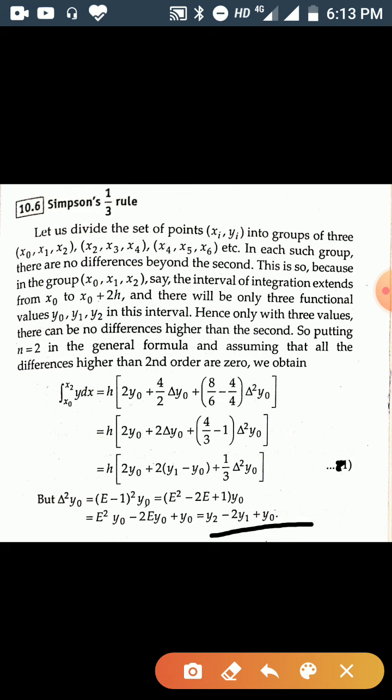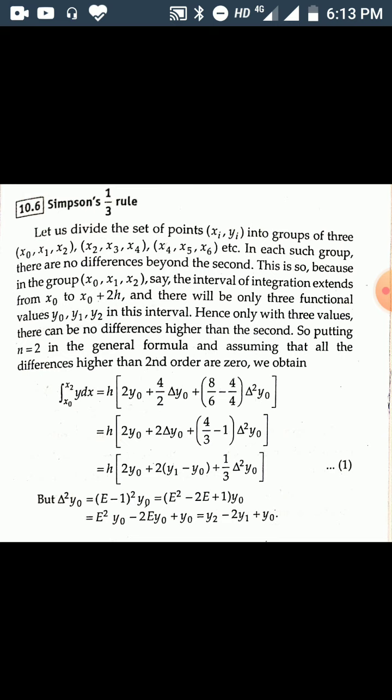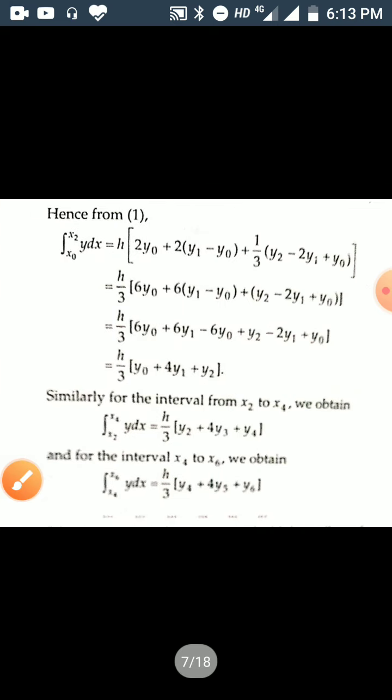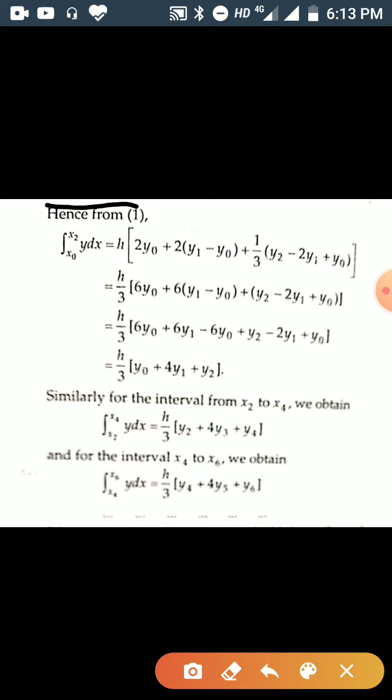No need of writing the equation. Just write integration x0 to x2 y dx is h times 2y0 plus 2(y1 minus y0) plus 1 by 3 times the value of delta square y0, which is y2 minus 2y1 plus y0.